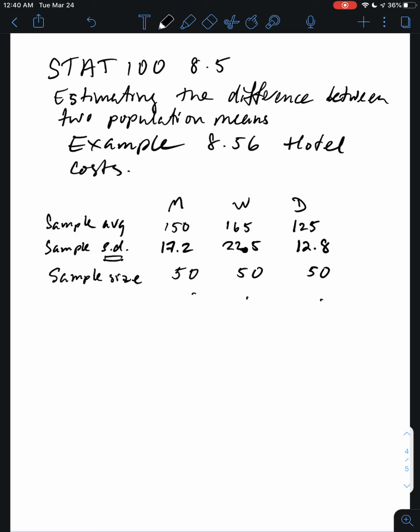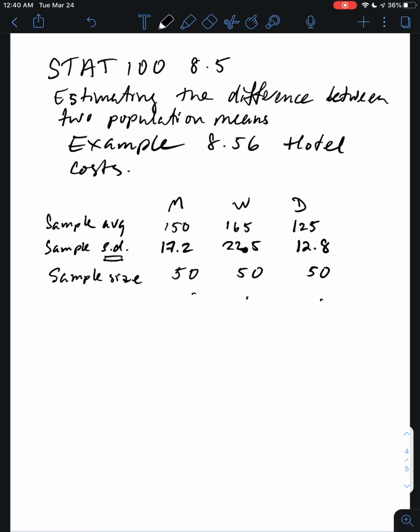So we're going to do two comparisons of pairs. We can't do all three at once. There are ways to deal with 3 or 4 or many populations. We will start to look at that in chapter 11. But for now, we're only going to do two populations at a time. So I'm going to ignore the DoubleTree data while I compare Marriott and Westin, and I'm going to ignore the Marriott data while I compare Westin and DoubleTree.